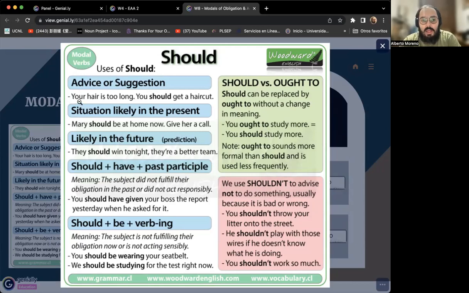But which is important for today's lesson is advice or suggestion. For example, your hair is too long. You should get a haircut. Also, we can use ought to, should and ought to. Both are the same.